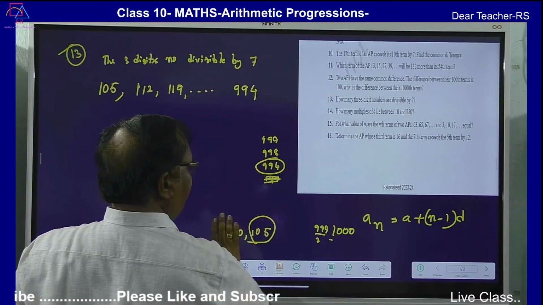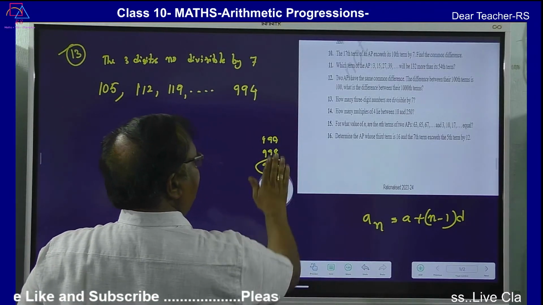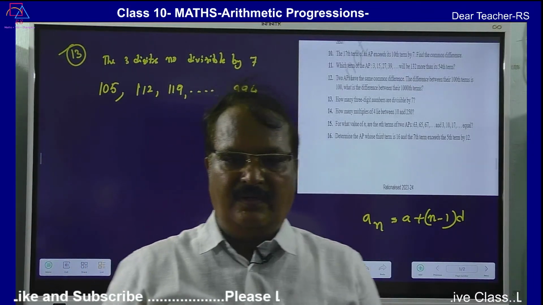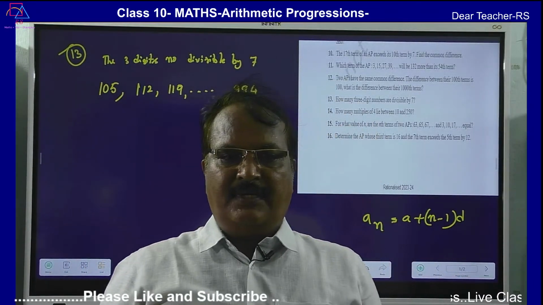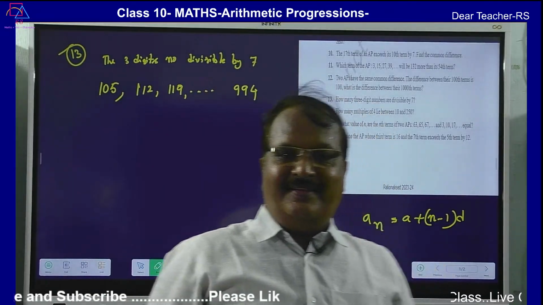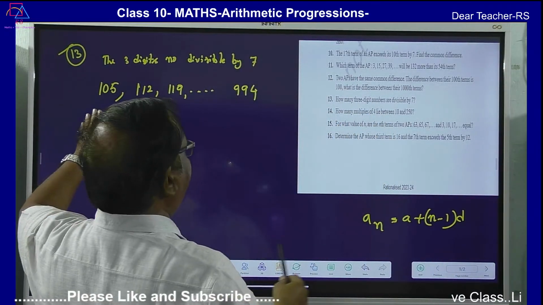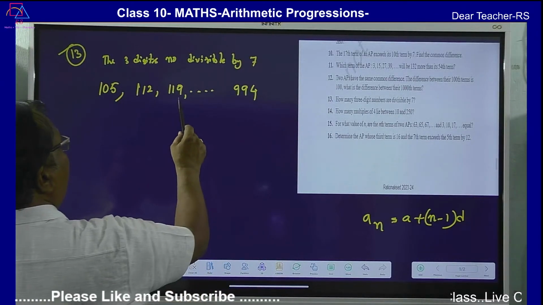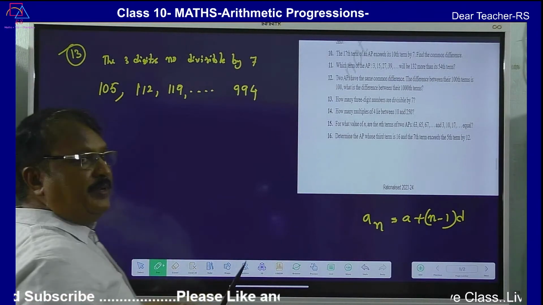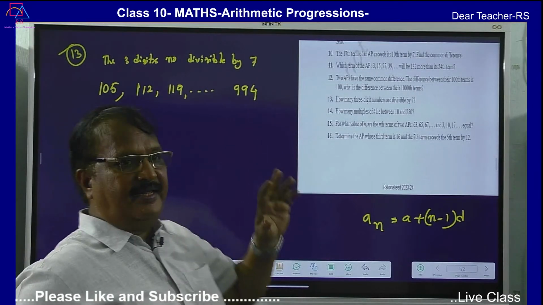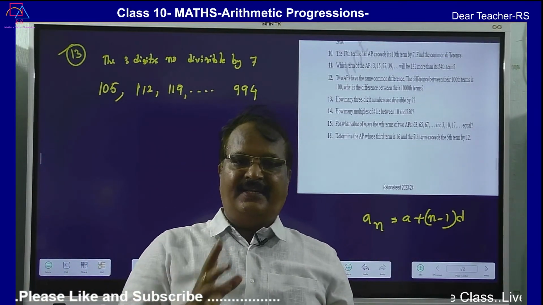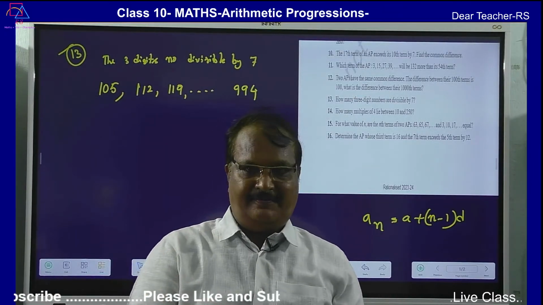So like this you have to find the first term and the last term, like the previous question. He asked how many 3-digit numbers are divisible by 7.